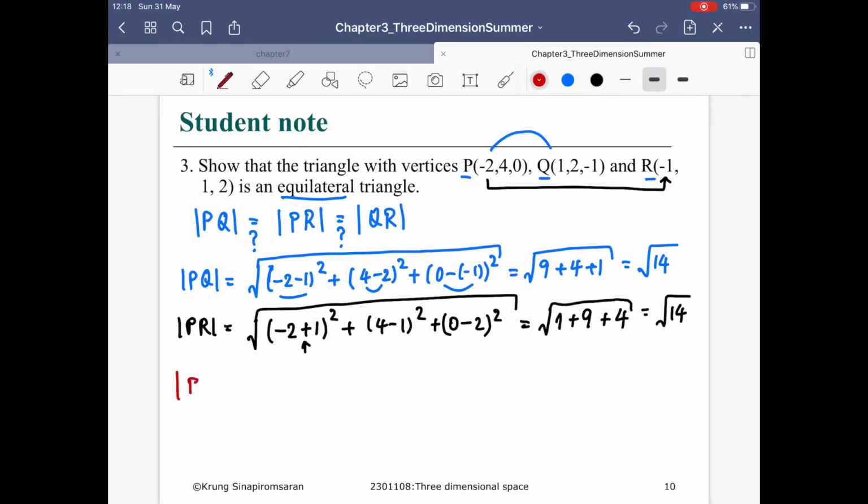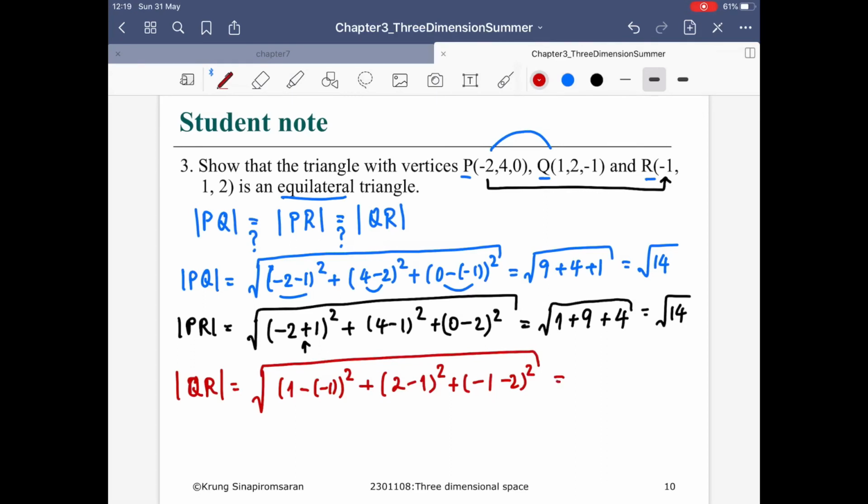How about the last one, the QR? Okay, it is the square root of the difference of the first component, the second component, and of course the third component. So the first one will be just simply 2. So you get a 4, a 1, and a 9 again.